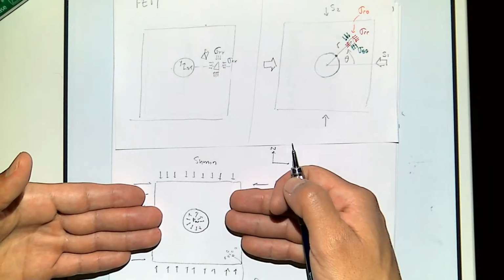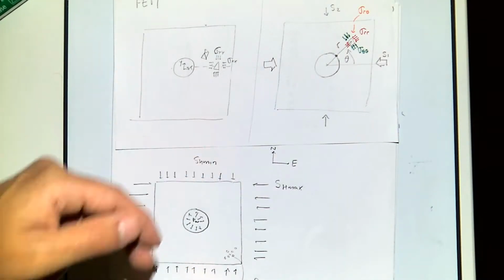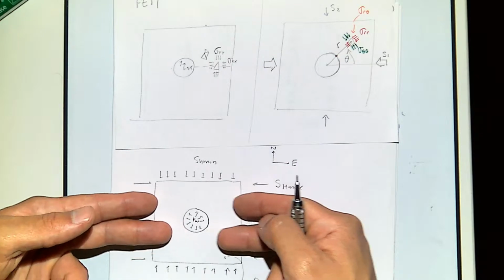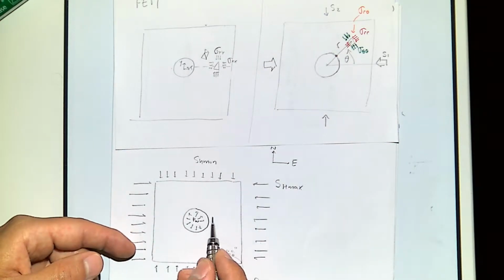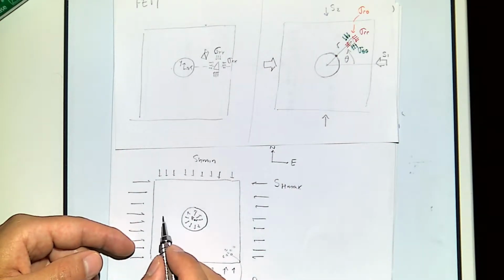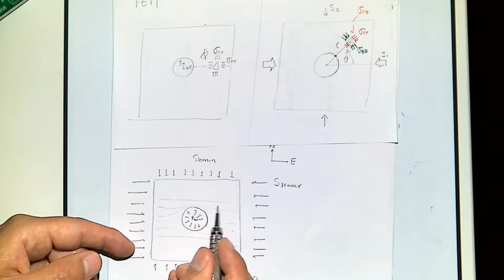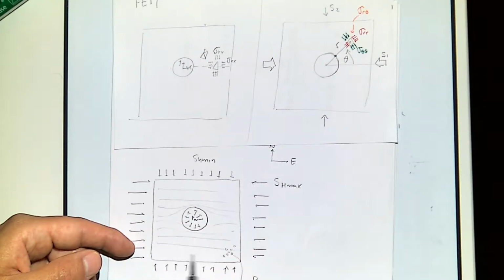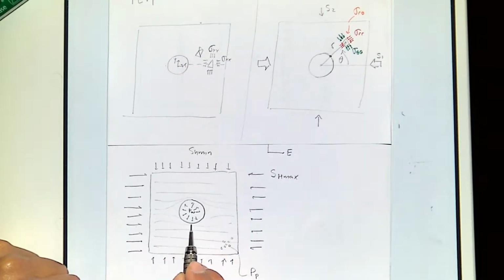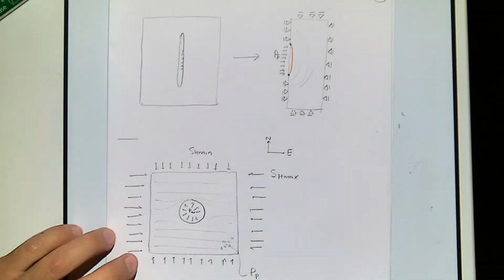And why? Because most of the compressive stresses are traveling in this direction. That's a major component, and the minor component is in this direction. So all those stresses have to go around the wellbore, and as they go around it, in order to make it into the other side, they concentrate in these locations.